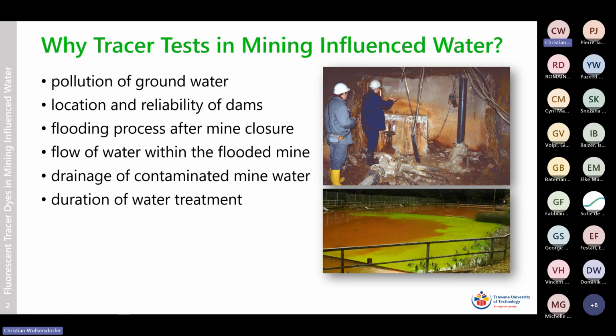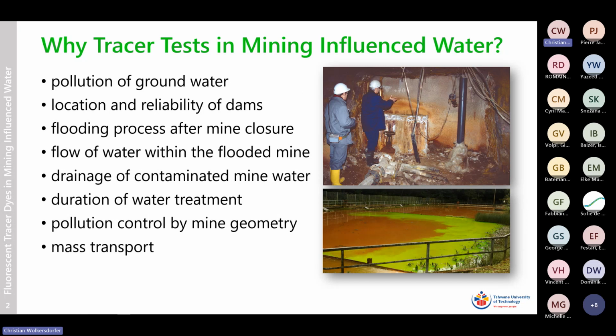On this picture you can see a settlement pond, and we wanted to figure out if the water is nicely, evenly flowing through the settlement pond so that there is enough time for the iron in this case to settle down. But it's not, because as you can see with the dye very nicely, the water is taking a shortcut. Then pollution control by mine geometry and mass transport, to see if pollutants are carried out of the mine with the mine water.